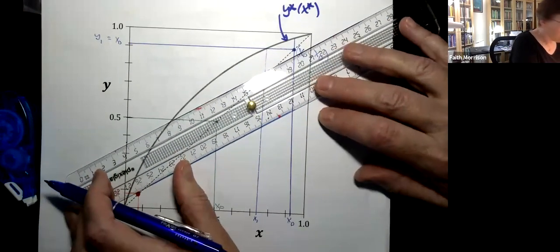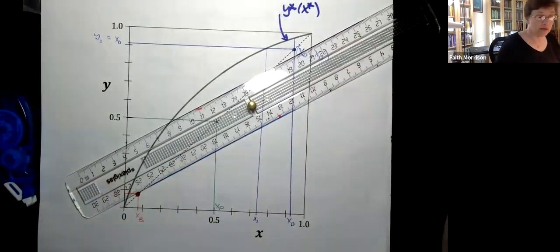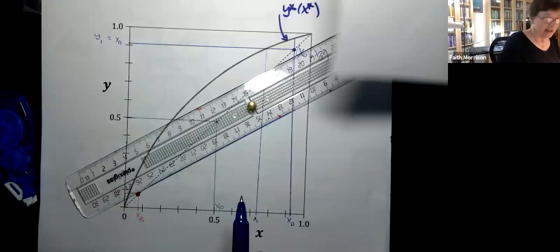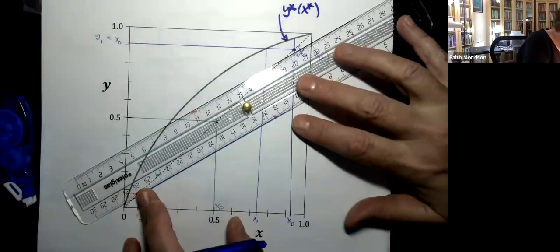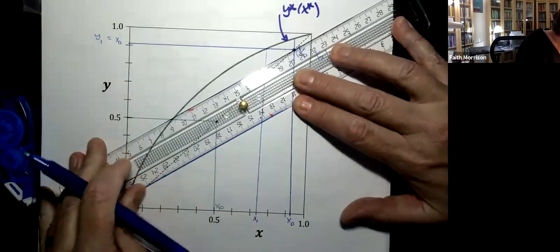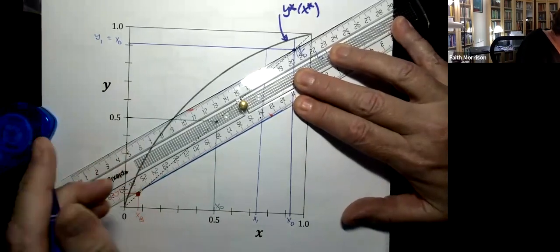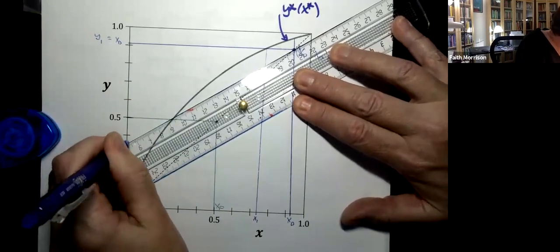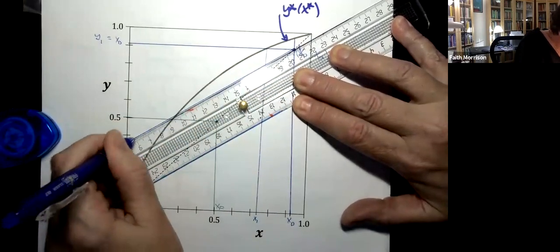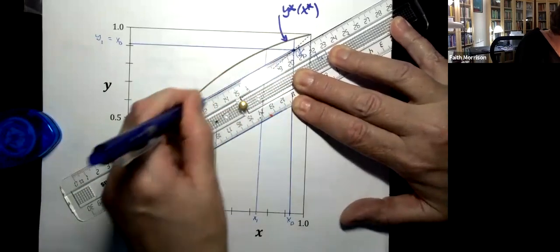So this slope is going to be the reflux ratio, 0.625. So I set this up so that I could draw this operating line, put a little dot there to help me. And all I'm doing is drawing a line of slope 0.625 that goes through this point XD, which is on that line.